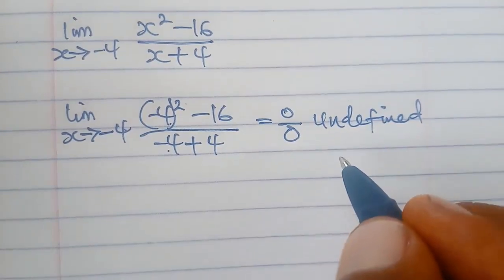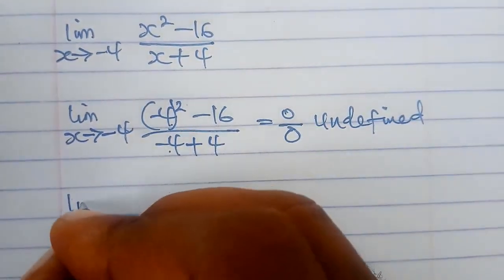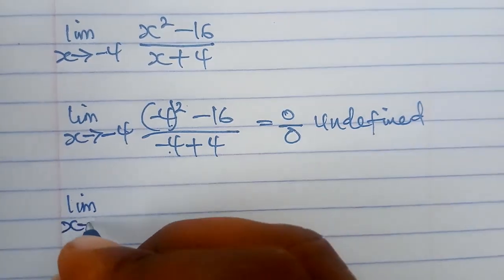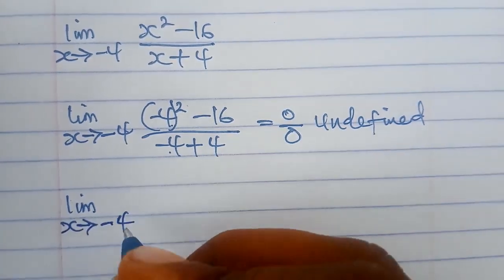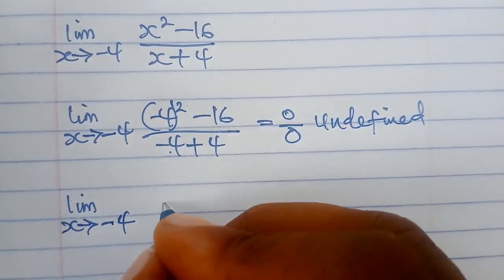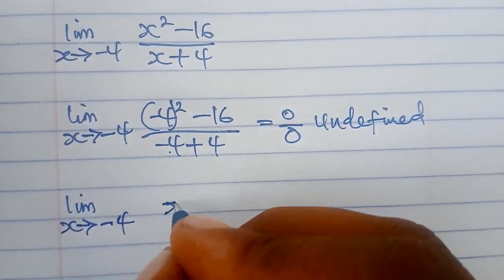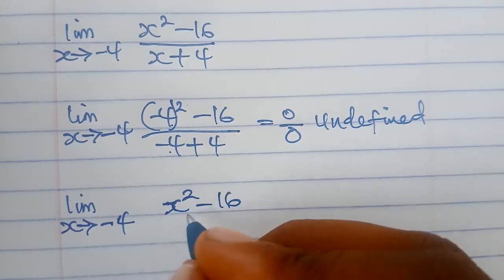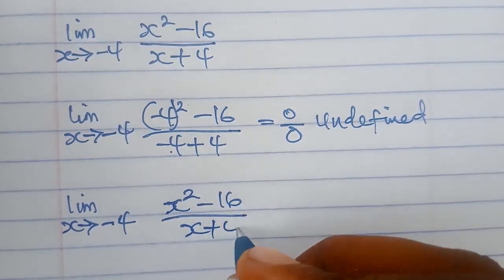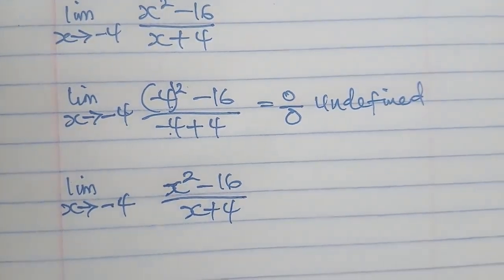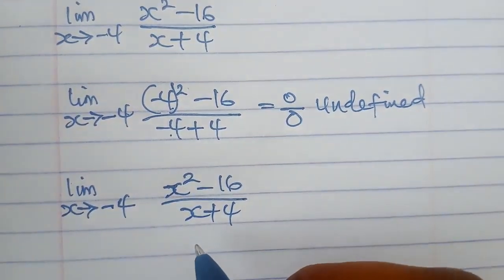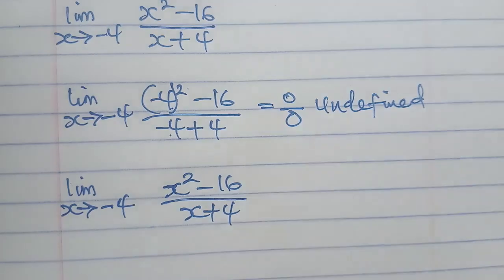an undefined value. So we can say by factorization, the limit as x approaches negative 4, let's rewrite the question: (x squared minus 16) over (x plus 4). What are the two numbers that I can factorize this into?